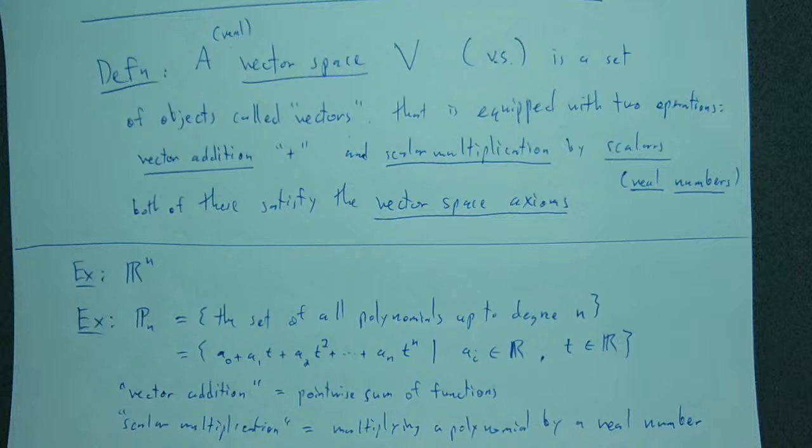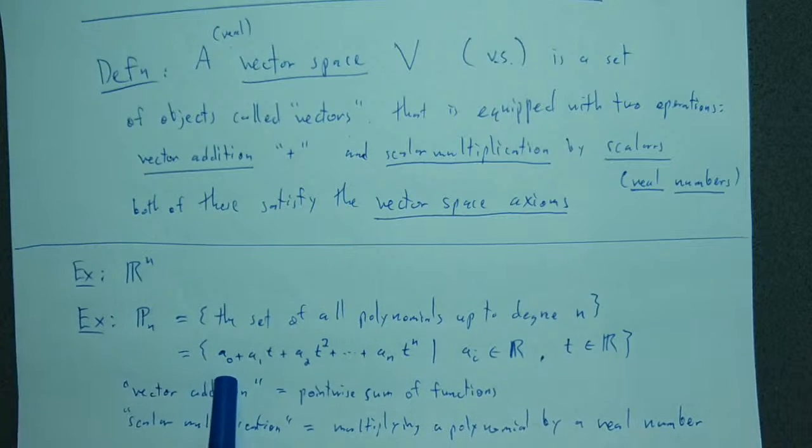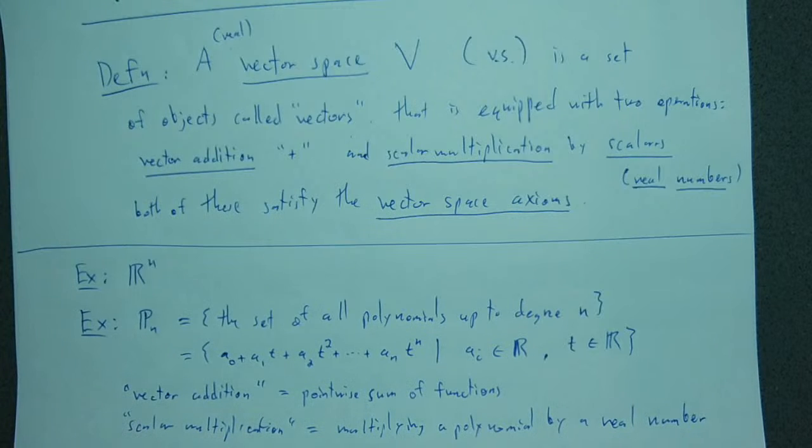So remember that being a vector space, we get some extra things here. We get, for instance, the existence of a zero vector. So what is the zero vector in this space of all polynomials up to degree n? The zero vector is the polynomial, all of whose coefficients are zero, i.e. the constant zero polynomial, right?